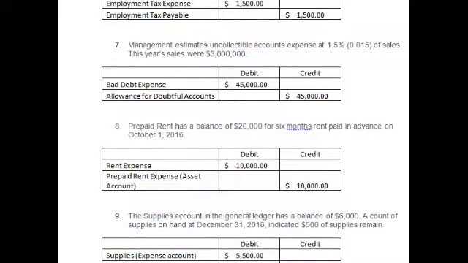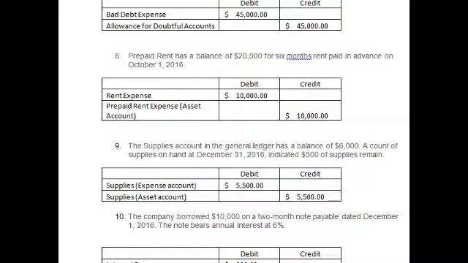Number 8, prepaid rent. Again, whenever you see prepaid, that means it's an asset account. Since we made a prepaid rent payment on October 1st, 2016, we need to make some adjustment toward the end of the year. So whatever expense should be captured as of December 31st, we're going to capture it.